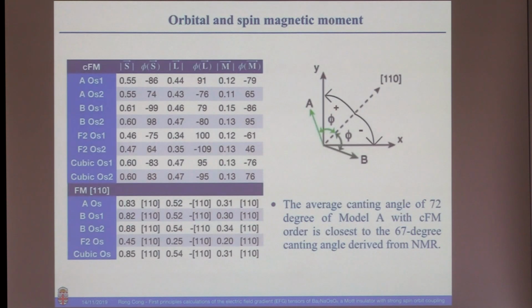So these are the orbital and spin magnetic moments for the different structures and the magnetic order. The spin and orbital moments kind of cancel, leaving a small net magnetization.